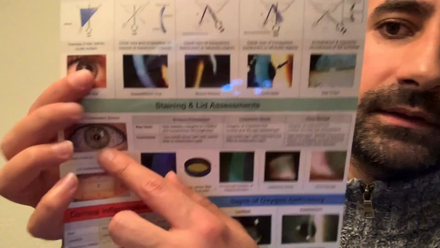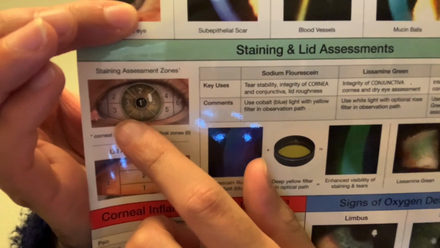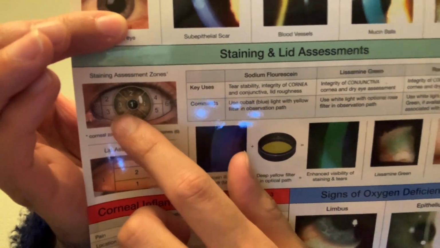So I think we have just a trace amount of corneal staining in both eyes, in zone number 5, just here. So we have a little bit of superficial punctate staining in zone 5.